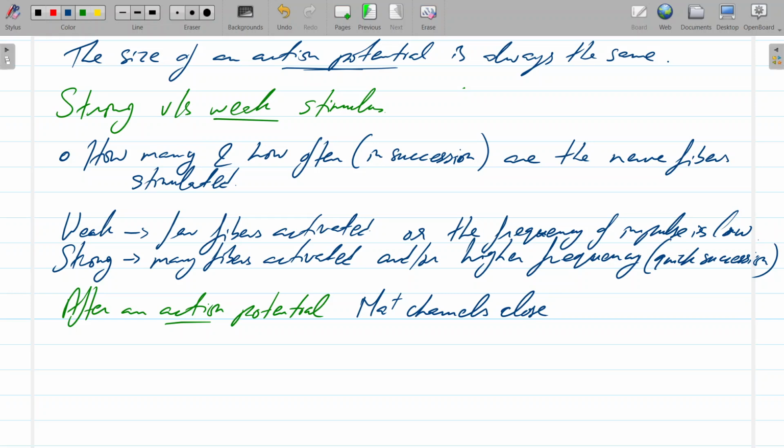And right, the sodium is again actively pumped out. Right. And the right, temporarily the permeability of the membrane to potassium ions increases.